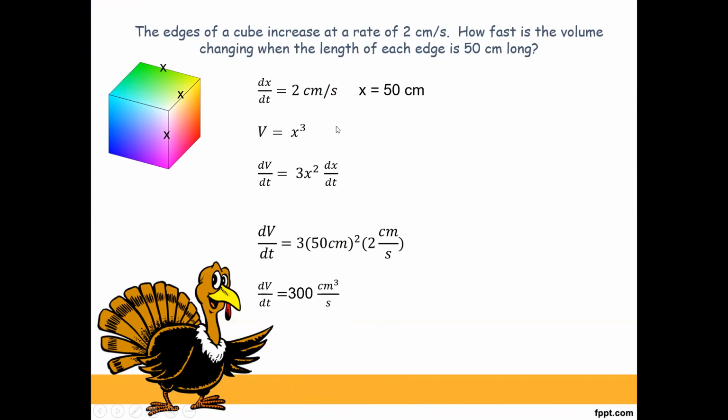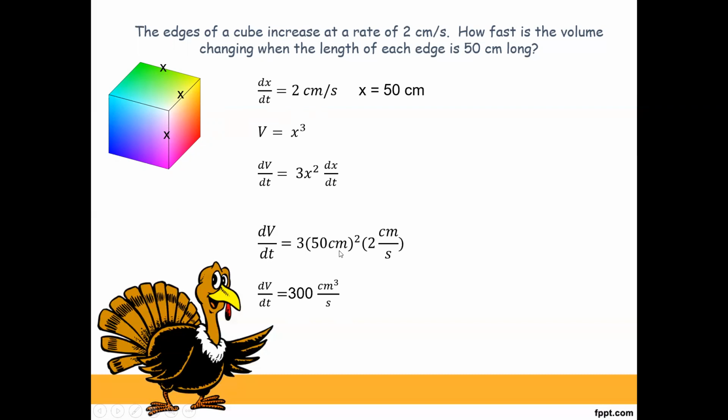Now we're going to use the volume formula. Volume equals x cubed. Length times width times height, x times x times x, x cubed. Taking the derivative of both sides. The derivative of V is dV/dt. The derivative of x cubed is 3x squared dx/dt. We're going to plug in dx/dt is 2, and x equals 50.